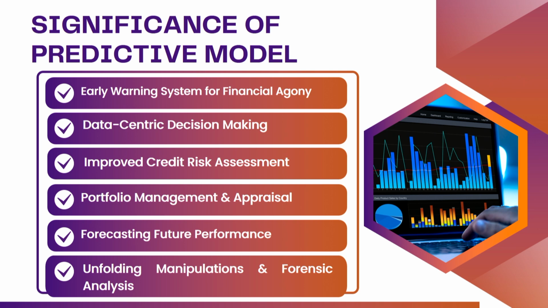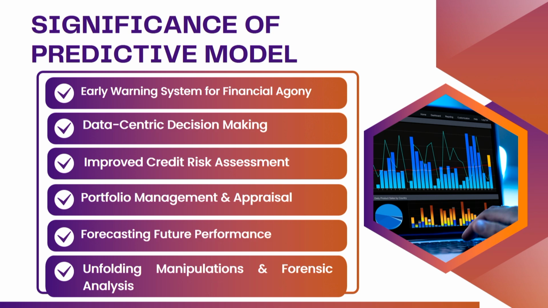Now, to start with, there are different significances associated with the use of financial ratios along with statistical models in predicting the future states of affairs. As I said, they are heavily contributing.